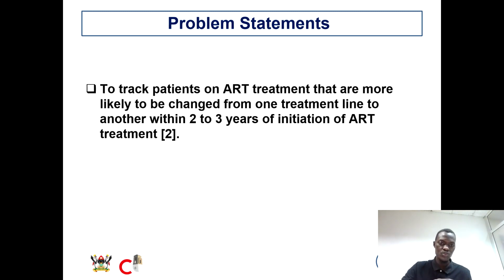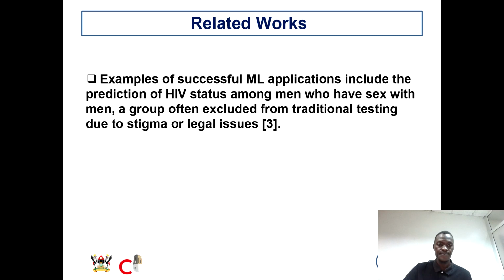Usually it happens between 2 to 3 years, but when you do the prediction, it helps us easily identify those patients and remind them, so that in the long run we are able to reduce the cost of ART treatment. It also helps our health system as a nation, and the overall fight against HIV AIDS in Uganda.